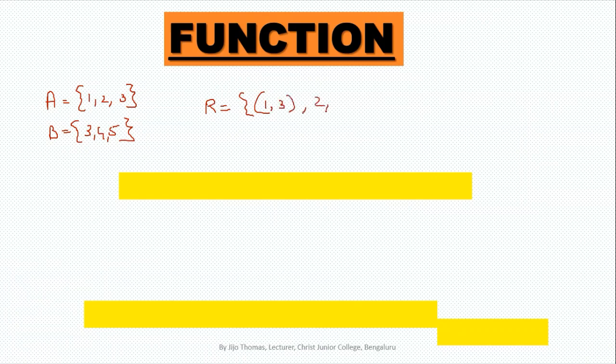1, 3, 2, 4, 3, 5. One relation. There will be another relation: 1, 4, 2, 4, 3, 4.